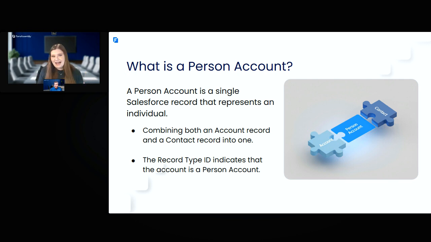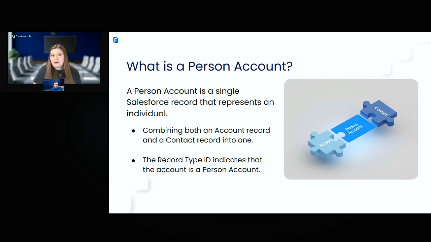A person account essentially combines these two. On the surface, it looks like a single record with blended fields. But behind the scenes, Salesforce is still maintaining both an account record and a contact record for that single person account. This knowledge matters, especially when you start working with FormAssembly connectors, because we directly interact with those underlying records.